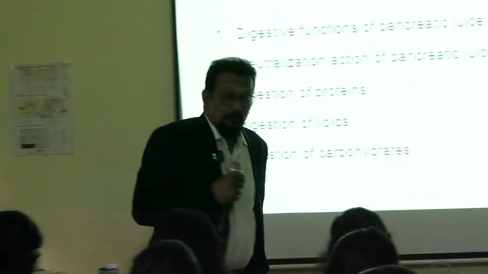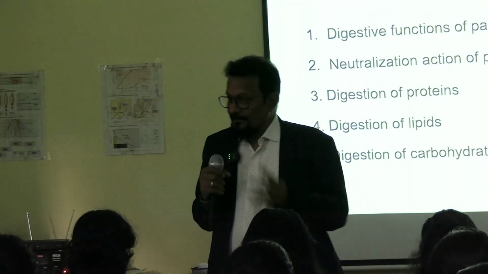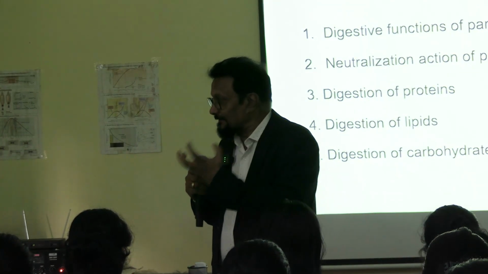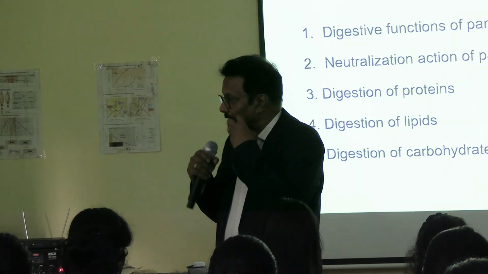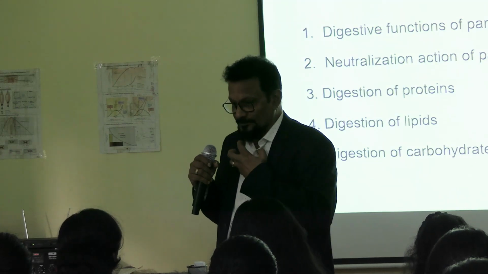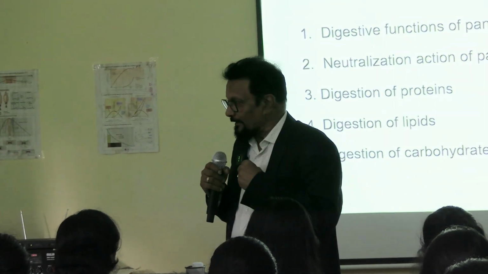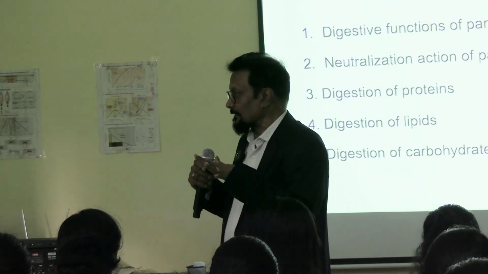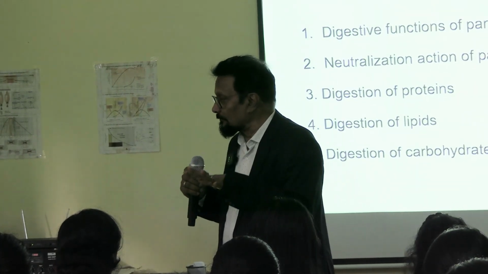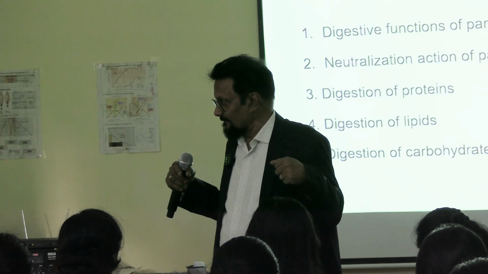If we get this, they will be able to serve all my body needs. Our body will be able to function properly. It will be able to maintain the body functions.